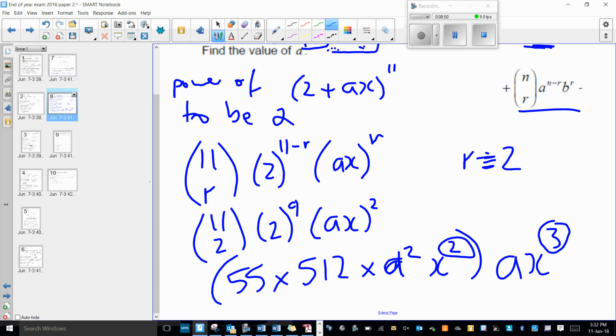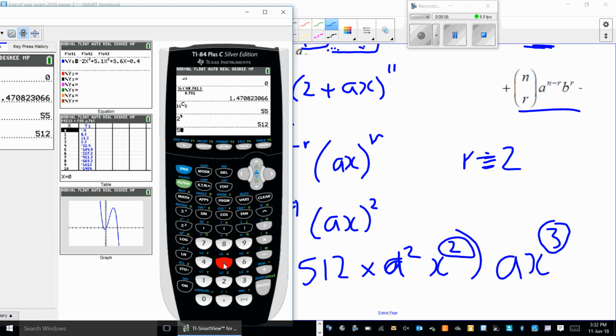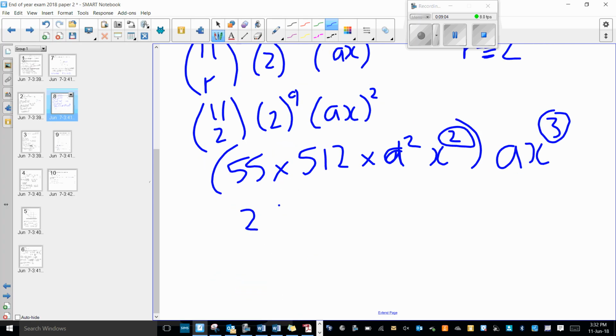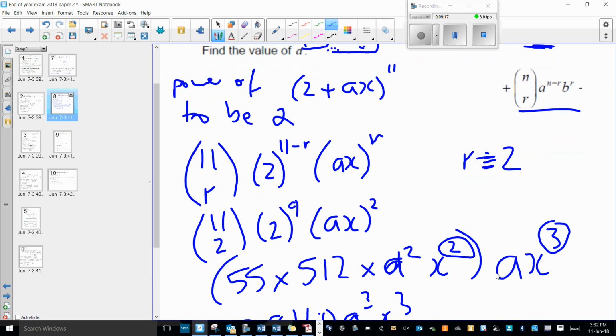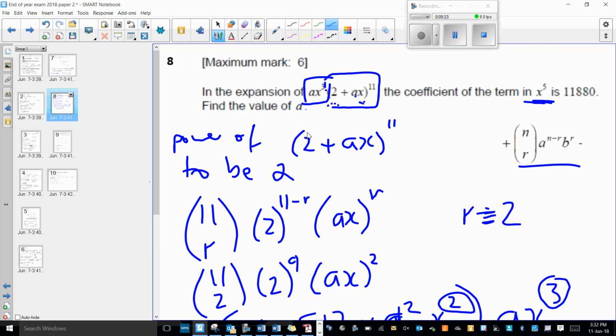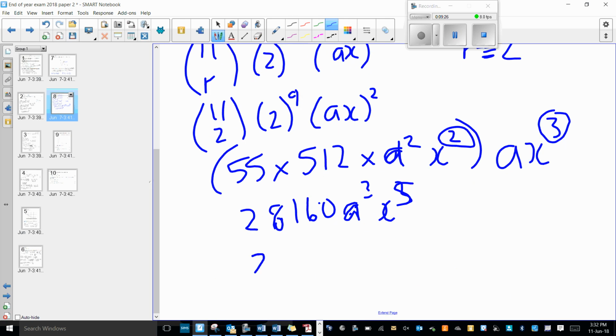And we're going to have 55 multiplied by 512 is 28160 a cubed x to the power 5. They've said the coefficient of the x^5 term is 11880. So that means that 28160 a cubed is 11880.